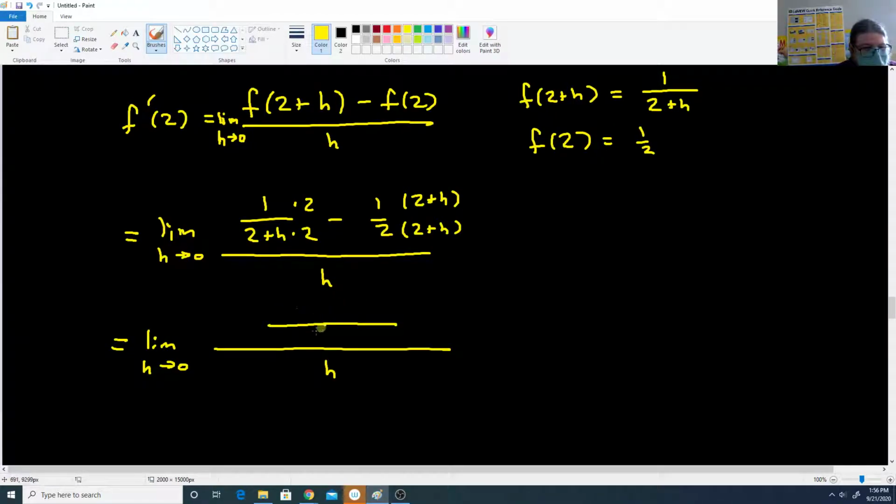The denominator up there will be 2 times 2 plus h, and the numerator will be 2 times 1, which is 2, minus 1 times 2 plus h. Let the negative distribute.